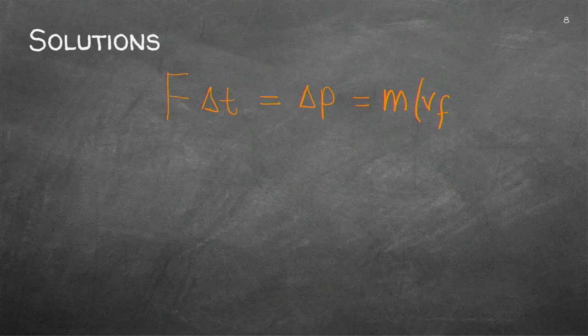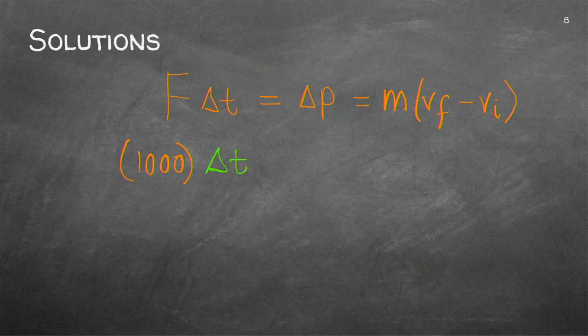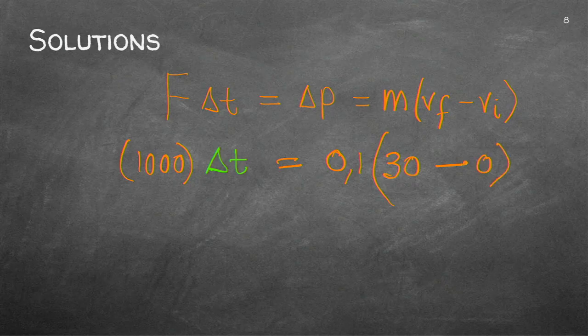Now you've got values of the change in velocity and the mass. They gave me the force, they said it's 1,000 newtons. They asked me, what is the time? But they also gave me the mass, if I recall, 0.1 kilogram. We know it traveled with 30, whilst in the beginning it was 0.